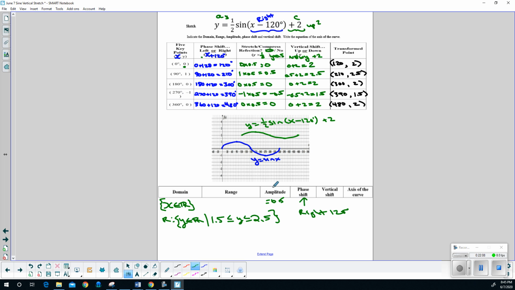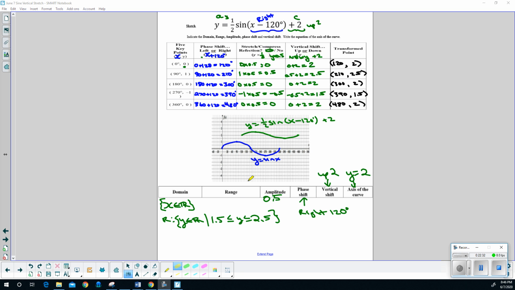My vertical shift, well, that was my up 2. So I went up 2. And the axis of the curve, so the axis of symmetry right down the center of it, well, where did it keep landing? 2, 2, 2. So that's at y equals 2. These guys should always be the same answer.